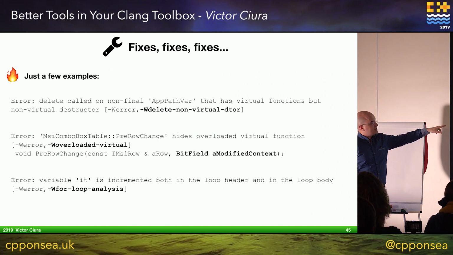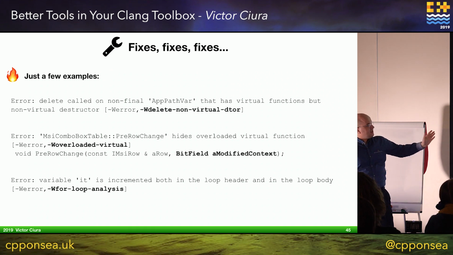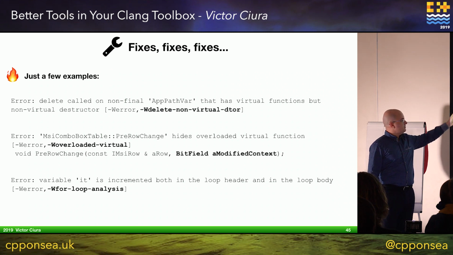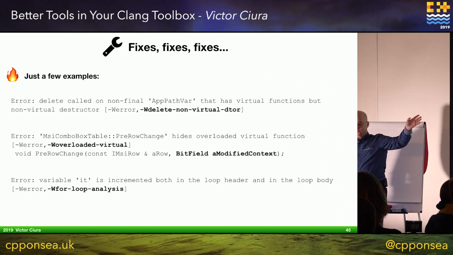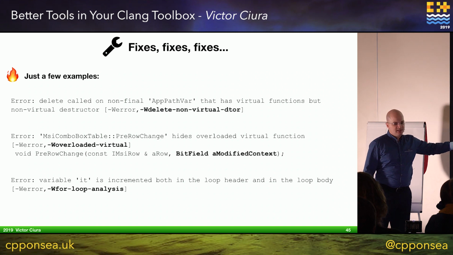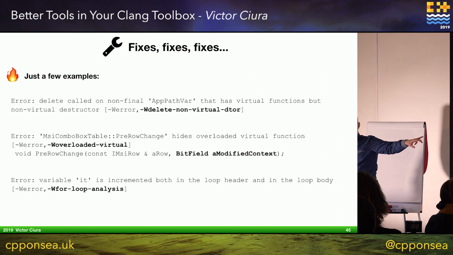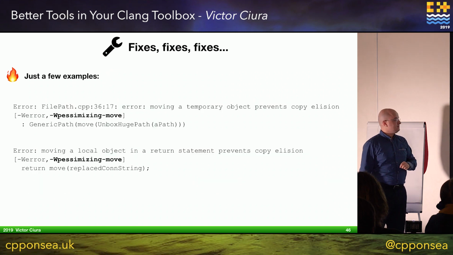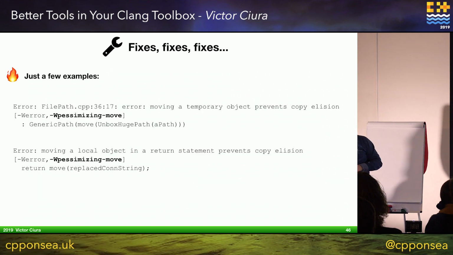Overloaded virtual functions: we had functions that added an extra parameter and automatically masked the virtual function that was inherited. Loop analysis warnings, for example, iterators or loop induction variables that were incremented twice, once in the for loop declaration and once in the body. Accidents like that might happen.